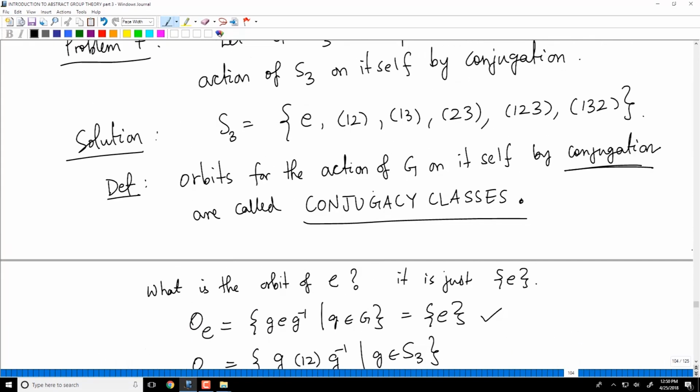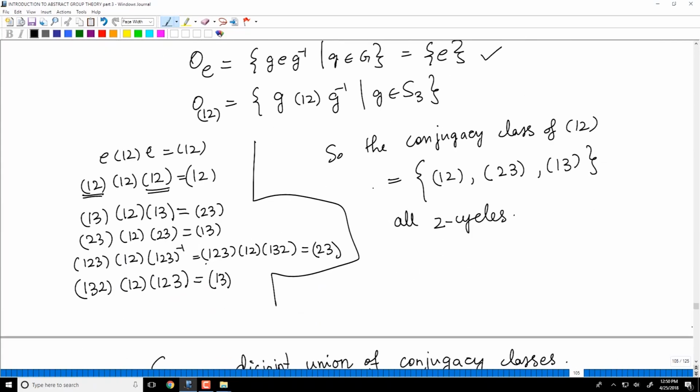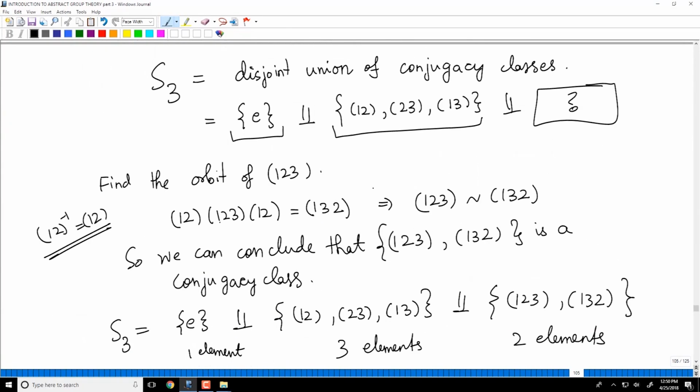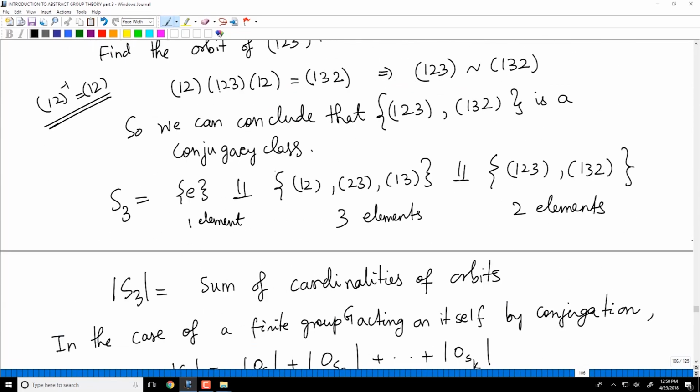We first computed the conjugacy classes by looking at orbits of elements. There happen to be 3 orbits: the orbit of E, which is 1 element; the orbit of (1 2), which is the 2-cycles; the orbit of (1 2 3), which is the 3-cycles.